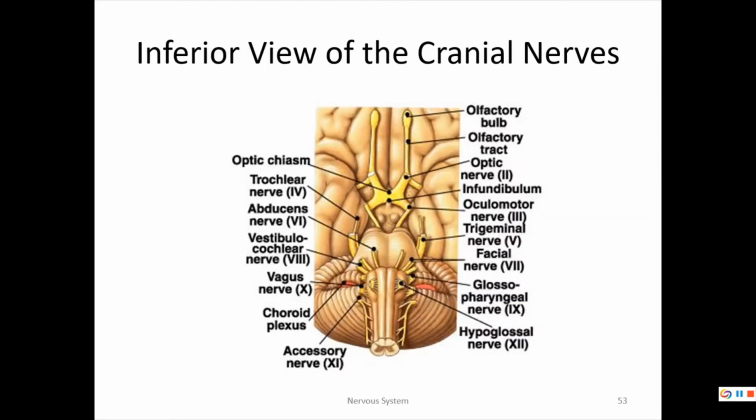Now, diagrammatically, the olfactory nerve with the bulb and tract. Number 1. Number 2, optic nerve. Number 3, oculomotor. Number 4, that's IV, trochlear, here and here.